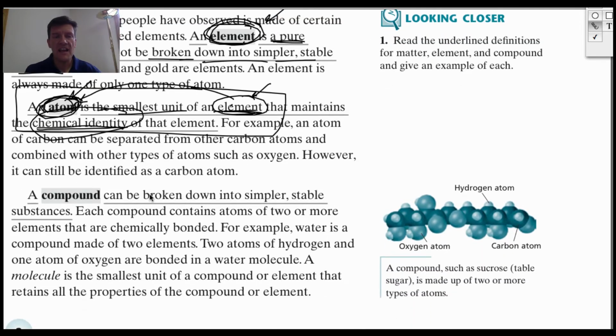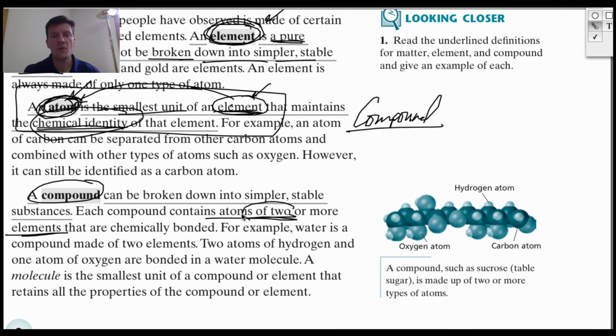Now, these elements can combine, as we'll look at in a future chapter. We'll look at how the atoms of these different elements combine to form compounds. So a compound basically is a combination of two or more elements. You're going to want to write that down. Compound: you basically have two or more elements that are bonded together.